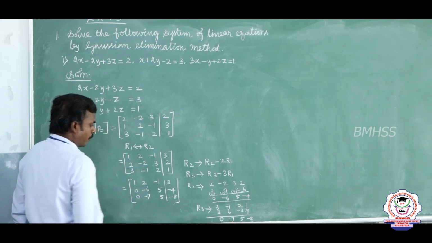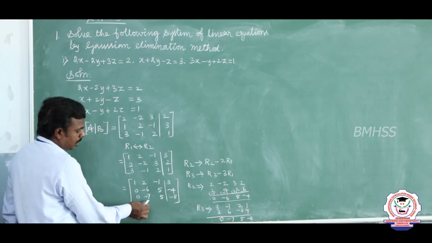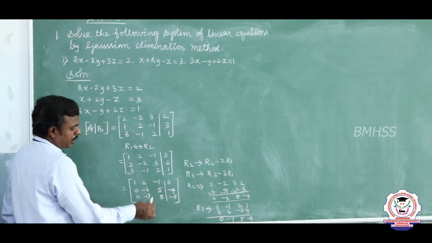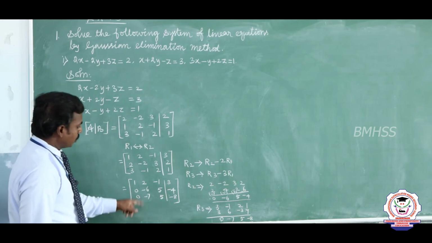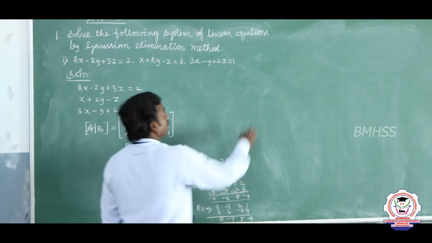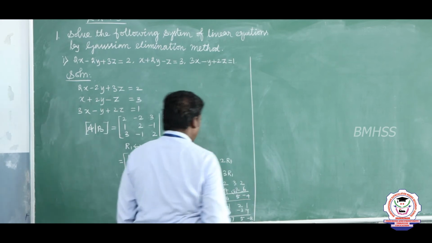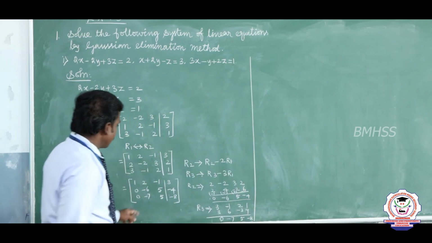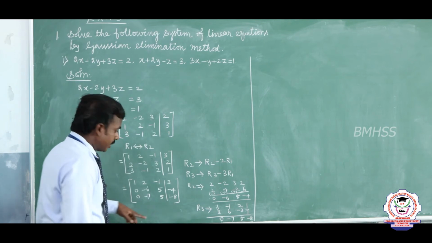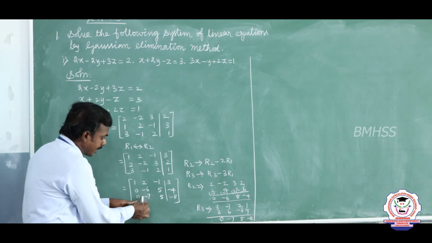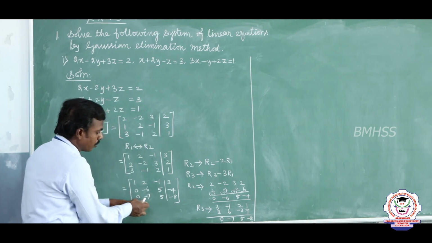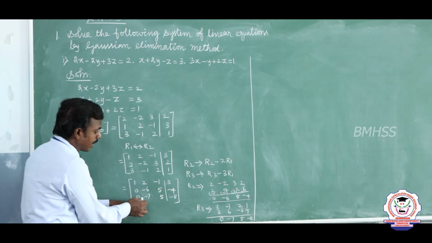Listen to this. To form the echelon form, I want to make the third row second element 0. Both have the same sign, but the numbers are different, so I am going to make changes there. If it is 0, we will get a triangle-shaped zeros pattern.